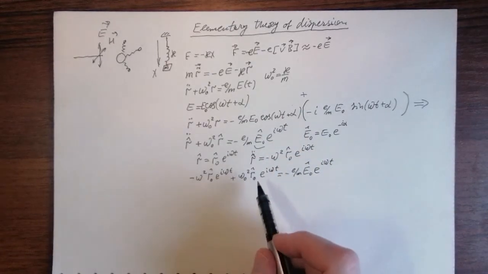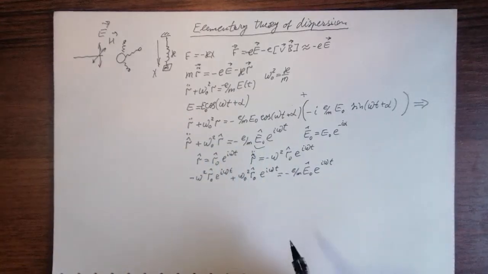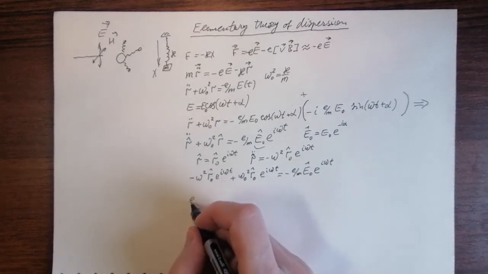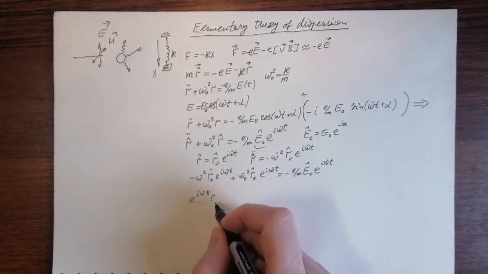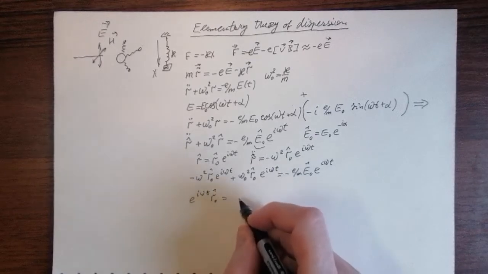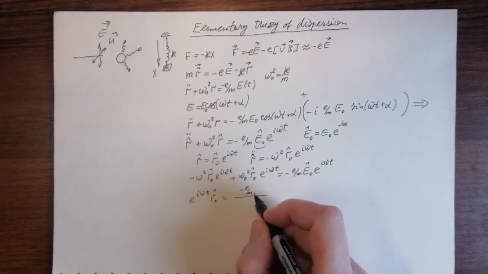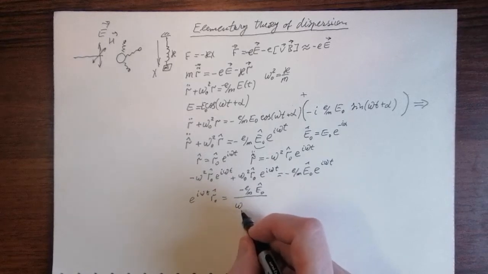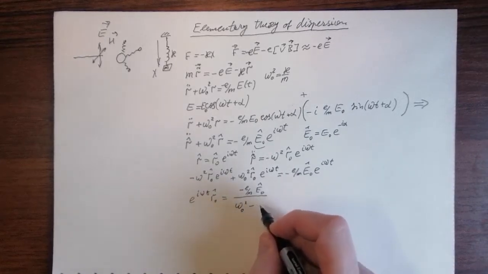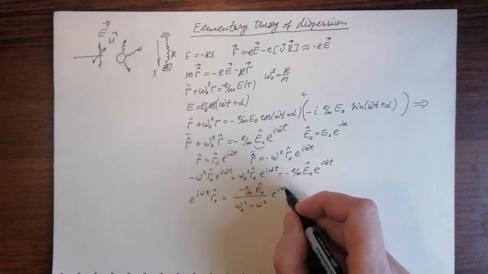We substitute these terms in this equation. Now we can rewrite it in the following form: e to the i omega t r0 is equal to minus e over m E0, and here omega 0 squared minus omega squared, e to the i omega t.